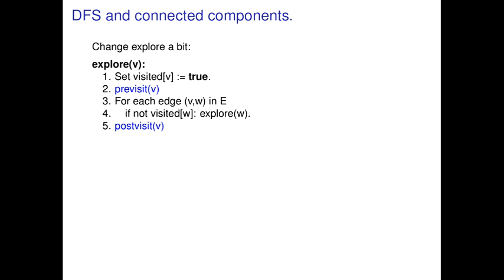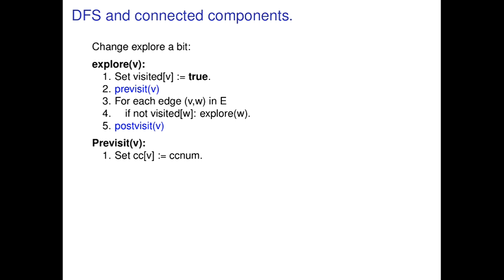Once we set visited to true, we do some pre-visit. Then after we explore all the neighboring rooms, including maybe making recursive calls, and once we come back, right before we exit this procedure, we call a post-visit procedure. This time we're not going to use post-visit. It's going to be nothing, defined as pass in Python.